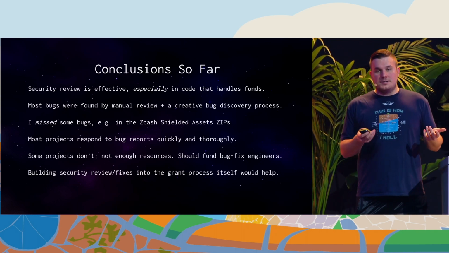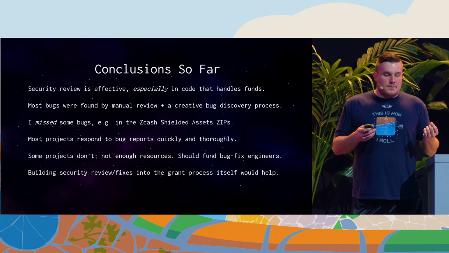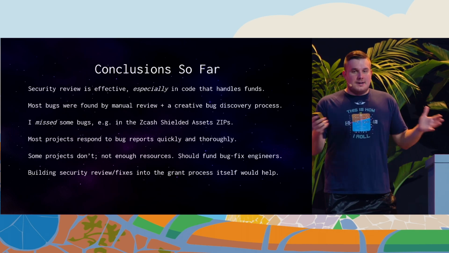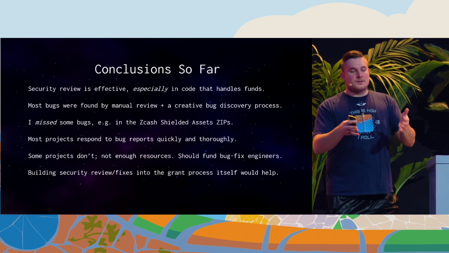So one recommendation to the Zcash community I have is to fund some bug fix engineers who are just standing by, waiting for bugs to be found, and then go in and contribute to these community projects.